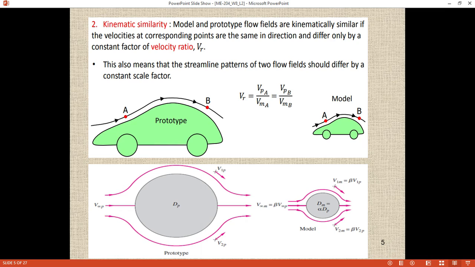All the streamline patterns and the velocity or acceleration patterns must be reduced with the acceleration ratio or the velocity ratio. I explained this already in the previous slide.